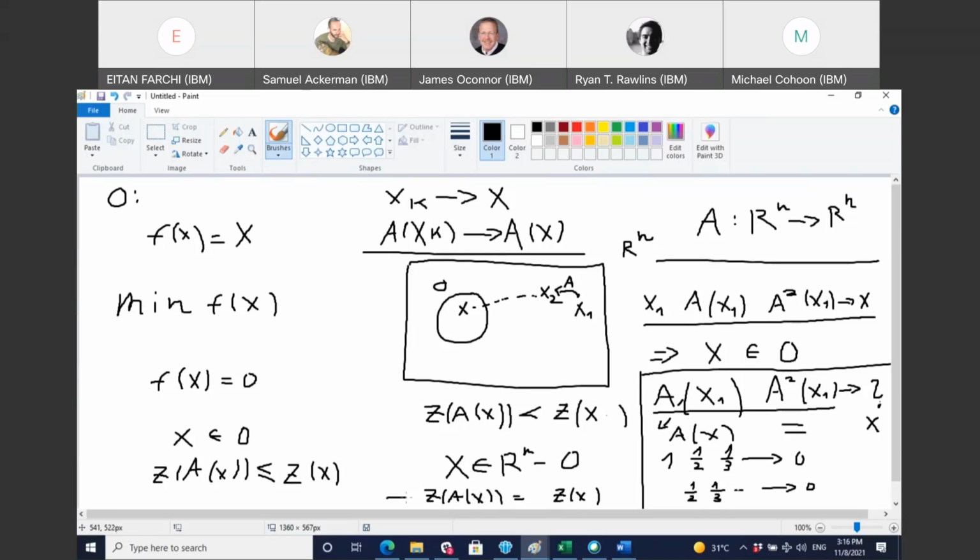Therefore, X is in O, because otherwise, if X is not in O, then we're going down explicitly. So it turns out that if the series converges, it converges to our objective of the optimization. And that's a very general statement.